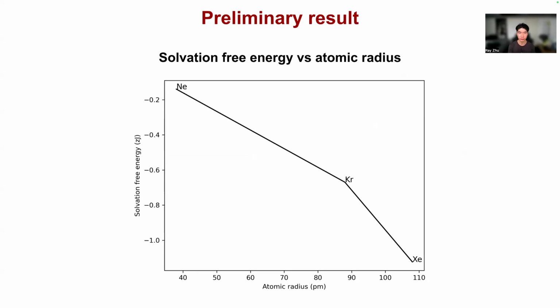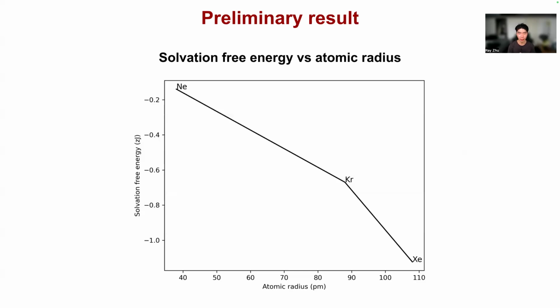That's the motivation for making this plot. On the x-axis, we have the atomic radius in pm. On the y-axis, we have the solvation free energy in zJ. As we can see, there is an inverse correlation between those 2 quantities.